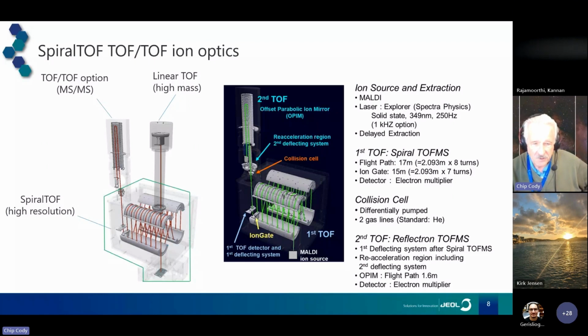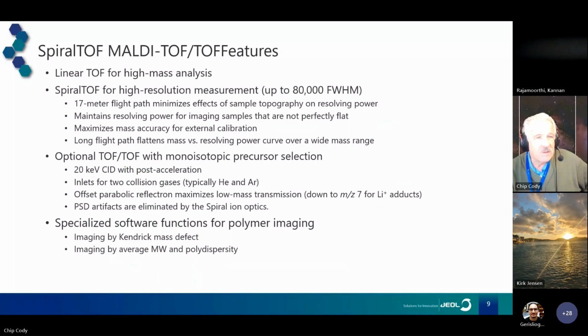Here's again another picture of the ion optics showing you how this is set up. One of the neat features about this, of course, is that small differences in the sample origin have no effect on the resolution because it's such a tiny fraction of the total flight path. And again, this is just reiterating what I said. Essentially, we've got a linear TOF, a spiral TOF mode with a resolving power of actually more than 80,000 in some cases.